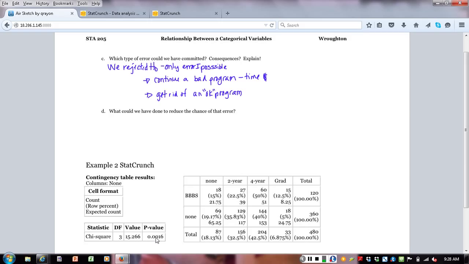What could we do to reduce the chance of this error? So there's two different ways to make that smaller. Remember, the chance of a type 1 error is that significance level we set. So how can we make alpha smaller? Remember, alpha is the probability of a type 1 error.